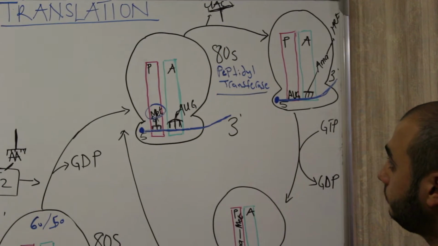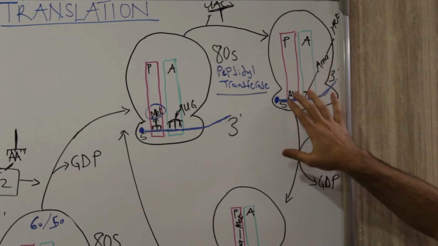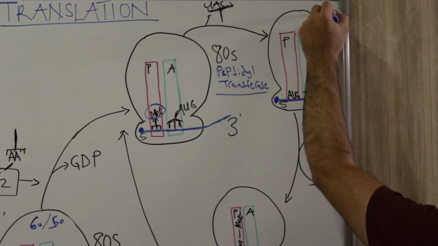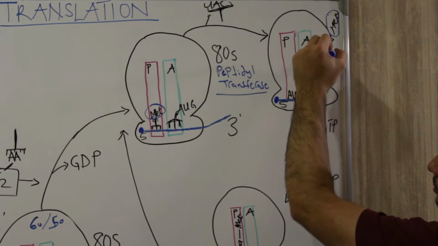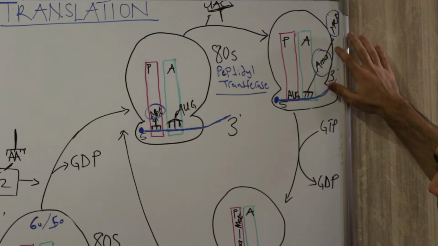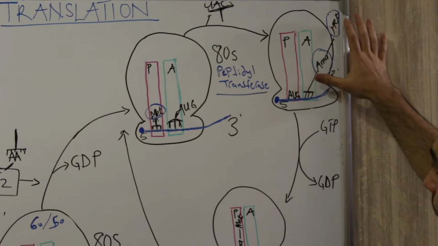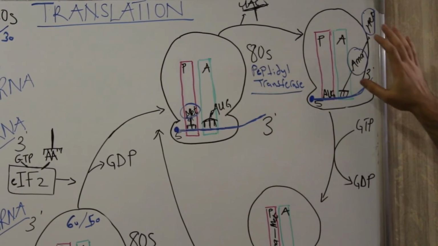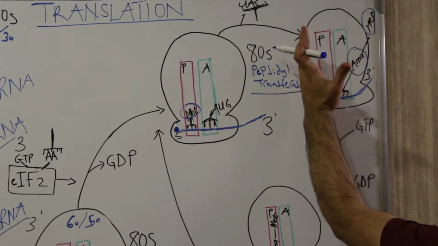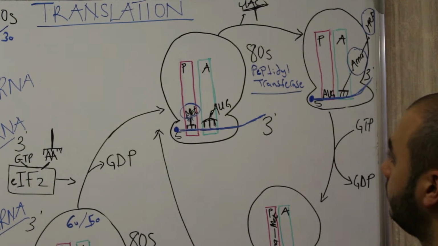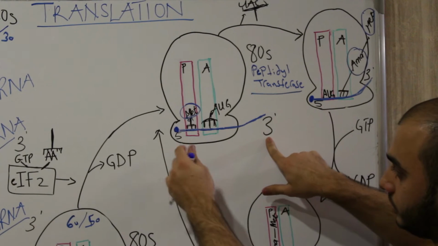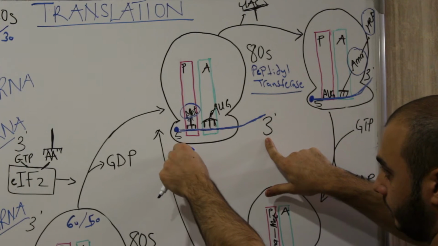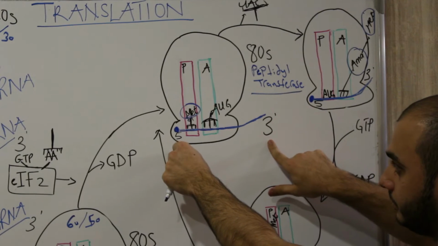So after this transfer there will be a shape like this: methionine associated with a new amino acid by peptide bond, and both of them will be in place A, yes? Then we need to move this ribosome toward the 3 end, because each mRNA has a 5 end and a 3 end, yes?